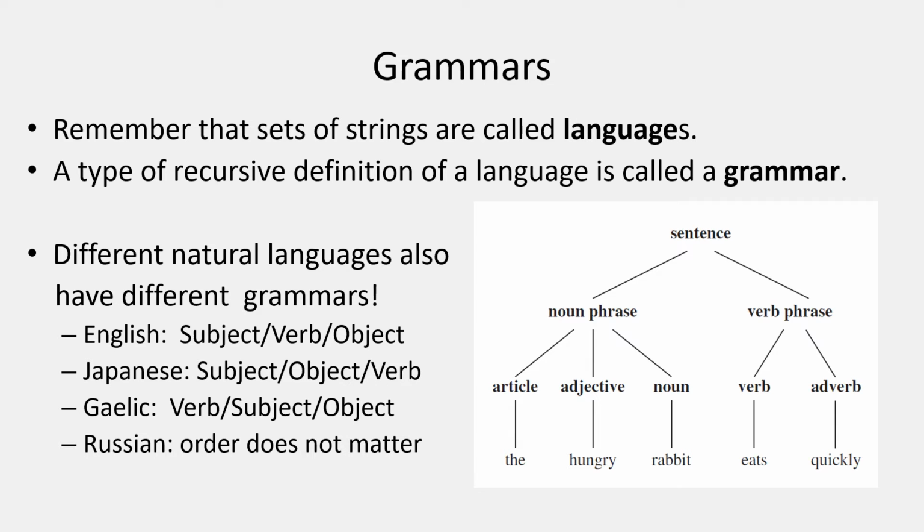And you probably know that in different natural languages, the grammars are also very different. For example, even though in English you're used to doing subject, verb, object, time flies like an arrow, in Japanese it would be subject, object, verb. And in Gaelic, which some of you may know if you have Irish or Scottish roots, it would be verb, subject, object.